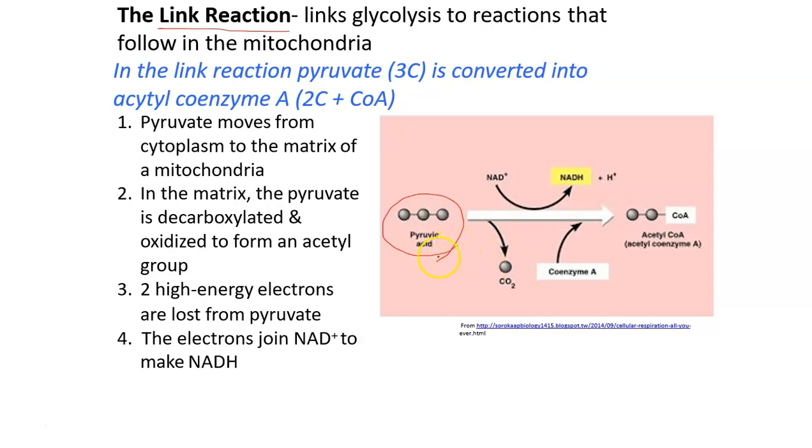Anyway, we have pyruvic acid or pyruvate, and during the link reaction, what happens? Production of one NADH and release of carbon dioxide, and that's why this is called decarboxylation. So decarboxylation means the release of carbon dioxide, and production of NADH.